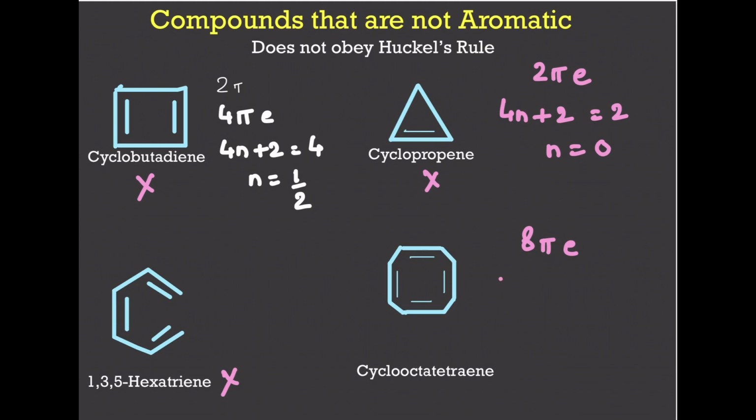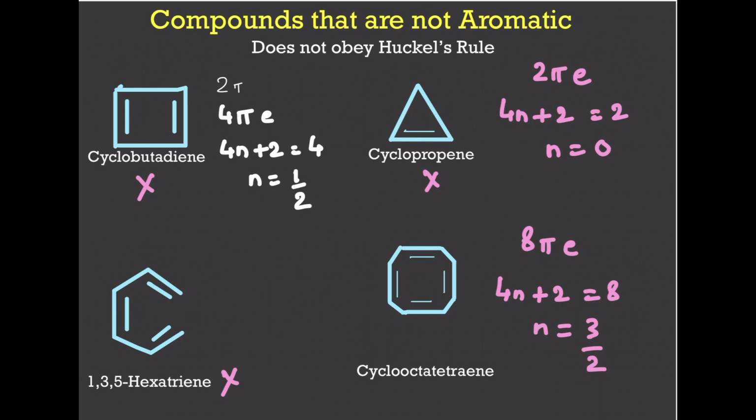So putting the value of 4n plus 2 equal to 8, equating it with 8 pi electrons, we get the value of n to be equal to 3 by 2. So this is a fractional value which is not allowed for n according to Huckel's rule. It should be a whole number value, but here it is a fractional value. So we reject the chances of cyclooctatetraene being an aromatic compound.